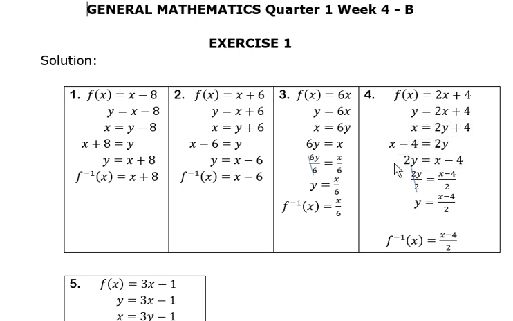So let's have 2y equals x minus 4. Dividing both sides of the equation by 2, we have y equals x minus 4 all over 2. And rewriting with the notation f inverse of x, the inverse of the function f of x is x minus 4 all over 2.